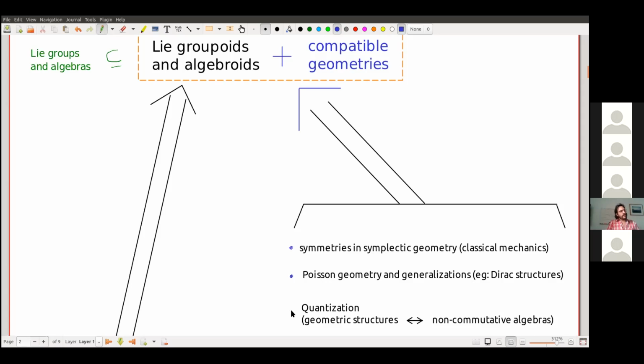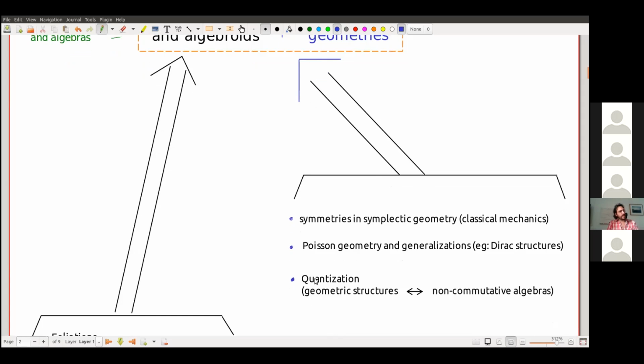And then there is a third aspect, which has to do with quantization and the relation to quantum mechanics. So this is a very deep connection between non-commutative algebras and geometric structures. Just to have something in mind, here you can have a quantum group. Doesn't matter. It's a Hopf algebra, and the geometric side of it is a Lie group.